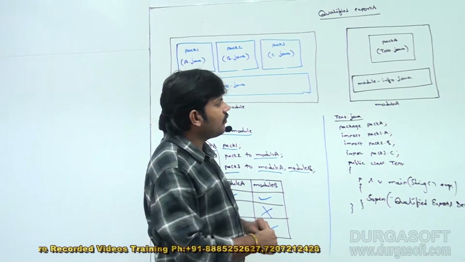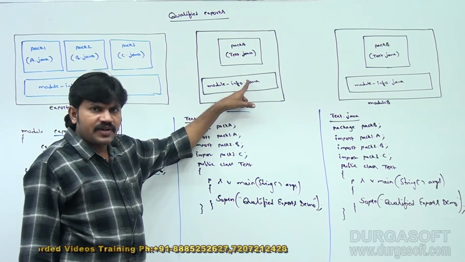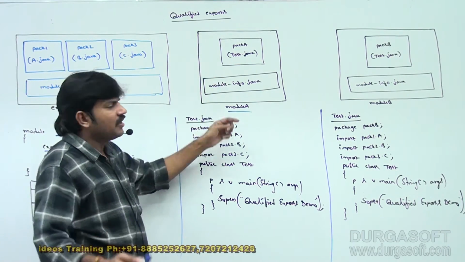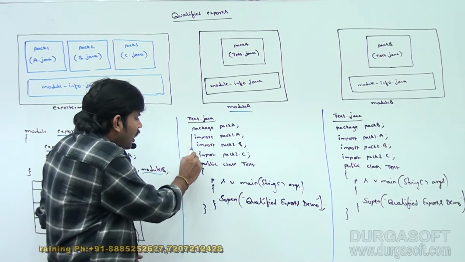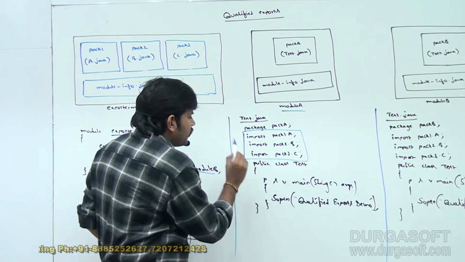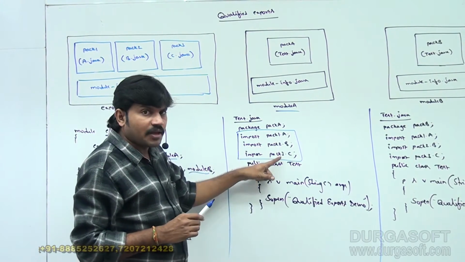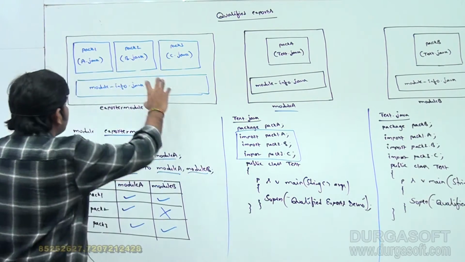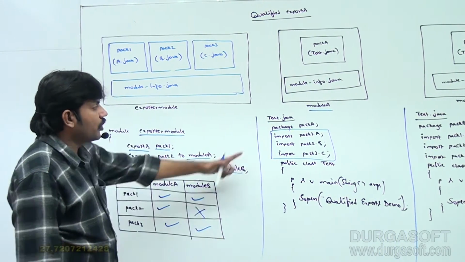Now I'm taking module A, module-info.java. Inside that I'm taking requires exporter module, normal. In Test.java, have you observed? I'm using all the 3 packages of the exporter module. Now my question is, are these 3 packages available to module A or not?